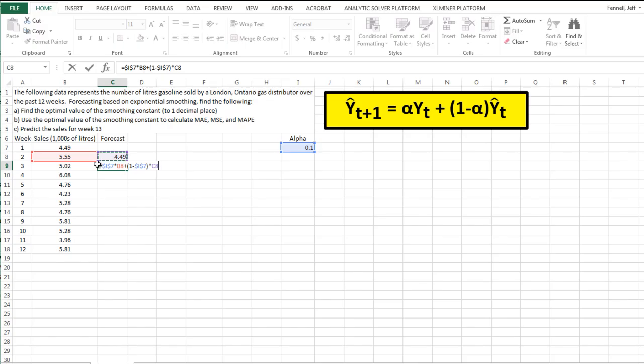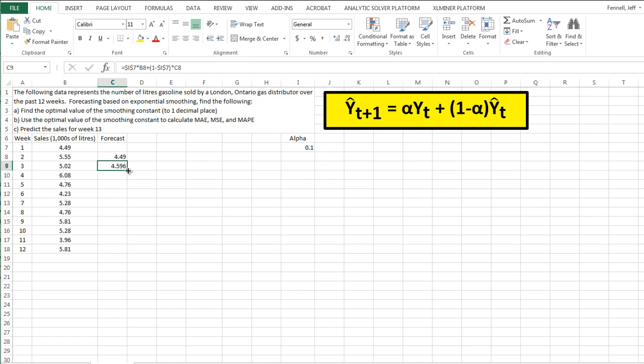So alpha times actual sales for the prior period plus 1 minus alpha times the predicted sales for the prior period. So if we hit enter, we get a prediction for period 3 of 4.596, or approximately 4,596 liters.